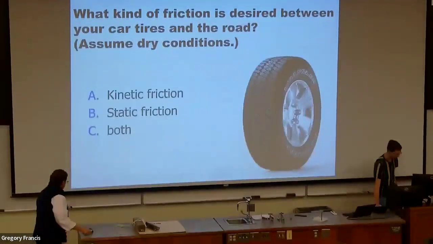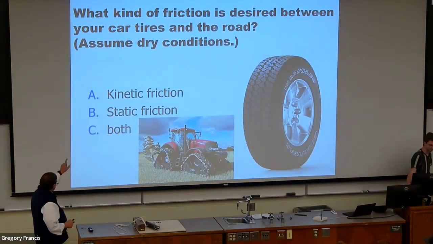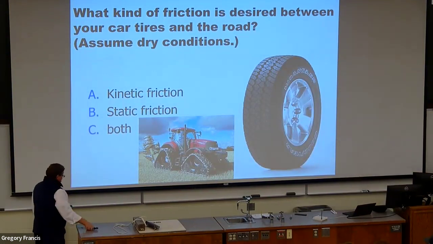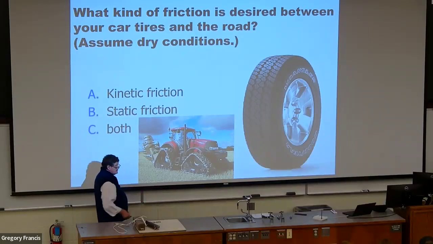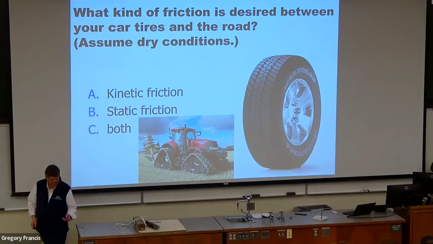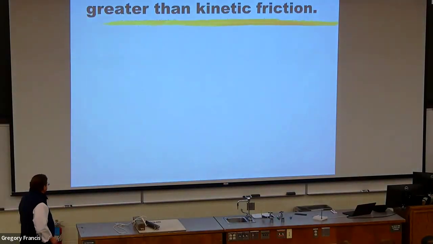And so that means what we want is static friction. Now, these are wheels of a sort, and you can see that the ridges here are firmly embedded in the mud down here. There's no relative motion there. There's no scraping going on. And so what we want is static friction.